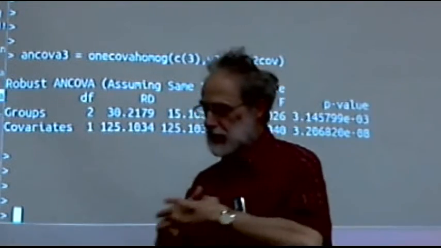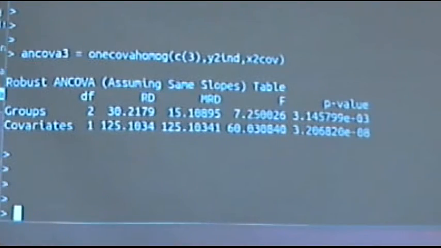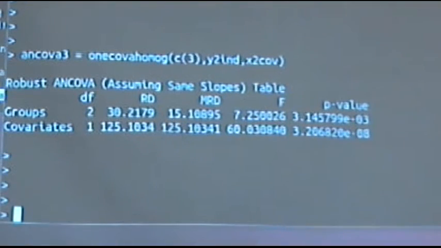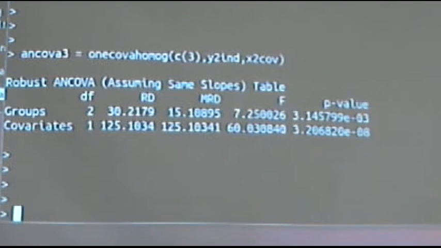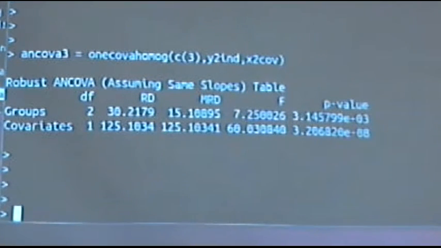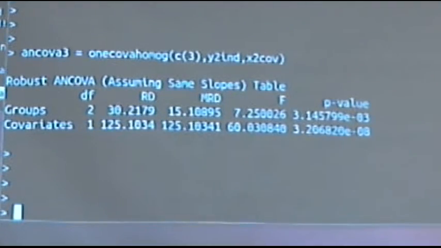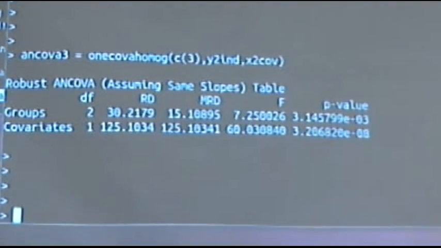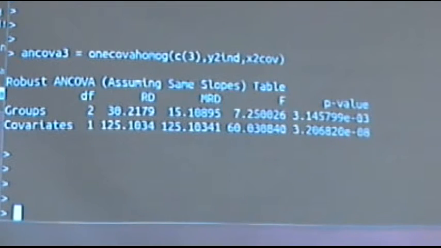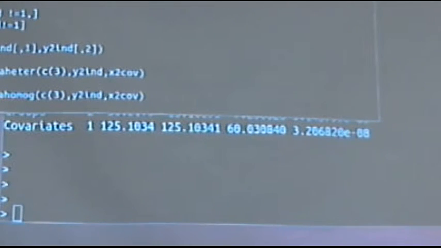Now we're in the case of homogeneous slopes for the three treatments, right? And what if you didn't have the covariate? Well, you could do a one-way ANOVA, but we could also just do a Kruskal-Wallis, right? Suppose I didn't have the covariate around.